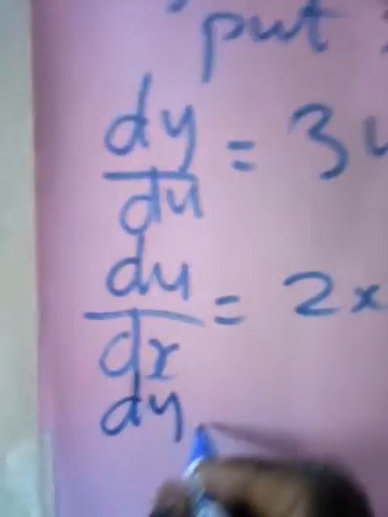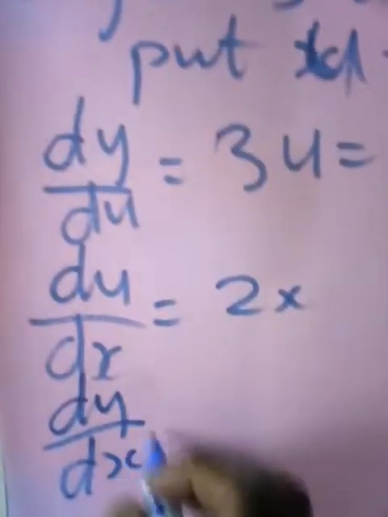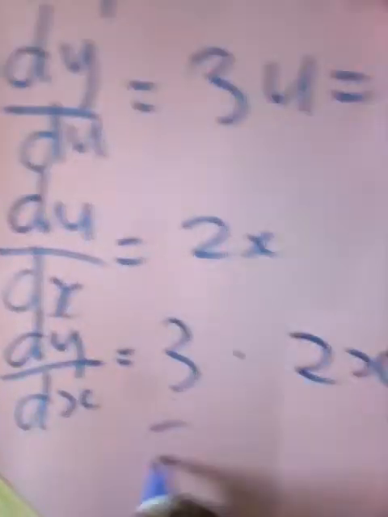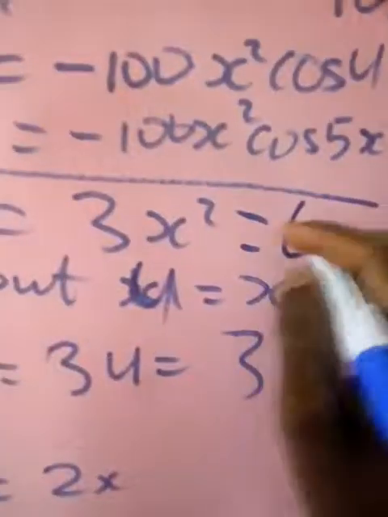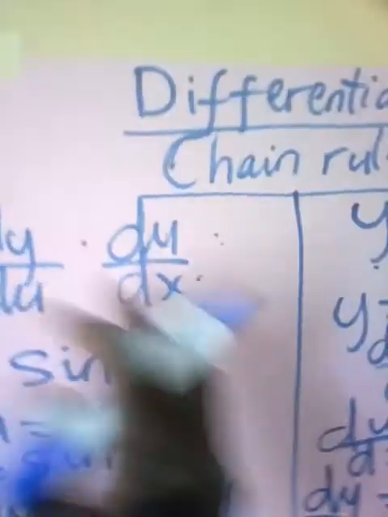Putting this together, dy/dx is equal to dy/du, 3, multiplied by du/dx, 2x. This gives me 6x. If I do that directly, I still get 6x because power comes down, power goes minus 1. So it's still the same thing. Why? Because as I explained earlier, if these two cancel out, you still get the original.